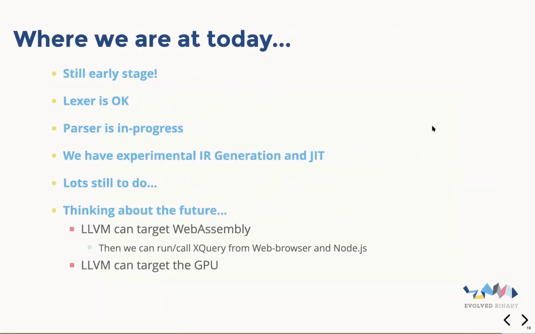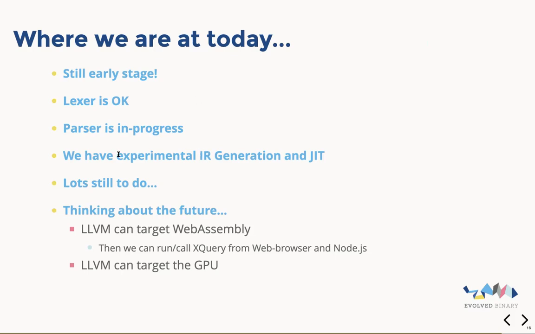Okay. So where are we at today? We're still quite early stage with this native compilation, but we think we are starting to prove that it's interesting. So our Lexer is working, our Parser is working. Now, of course, if we decide we don't want to do native compilation, the Lexer and the Parser are still completely valid. They're just generating token streams and abstract syntax tree.